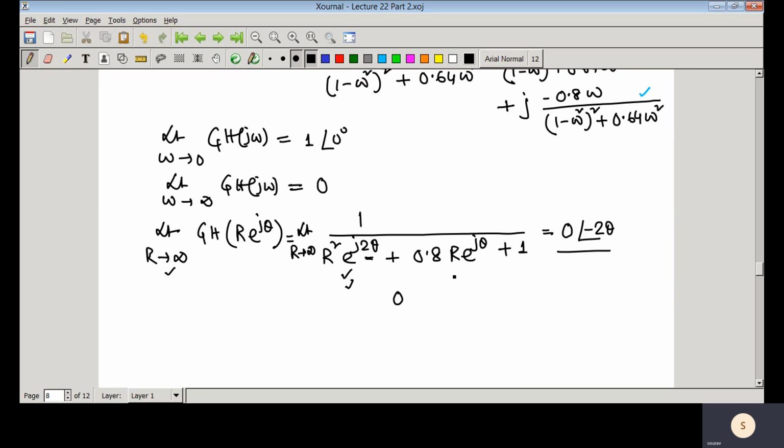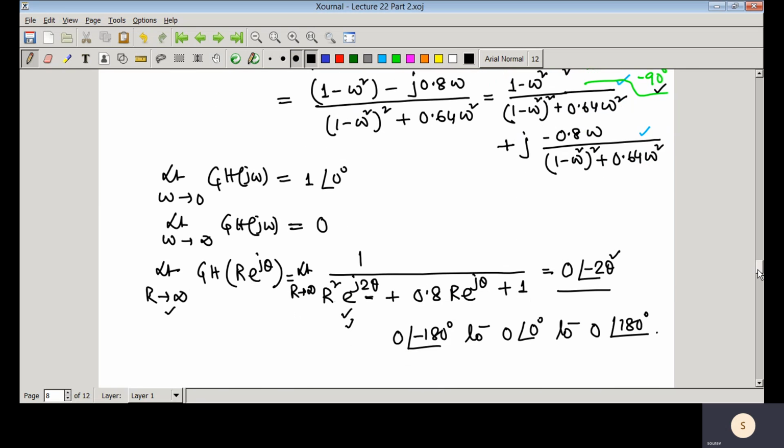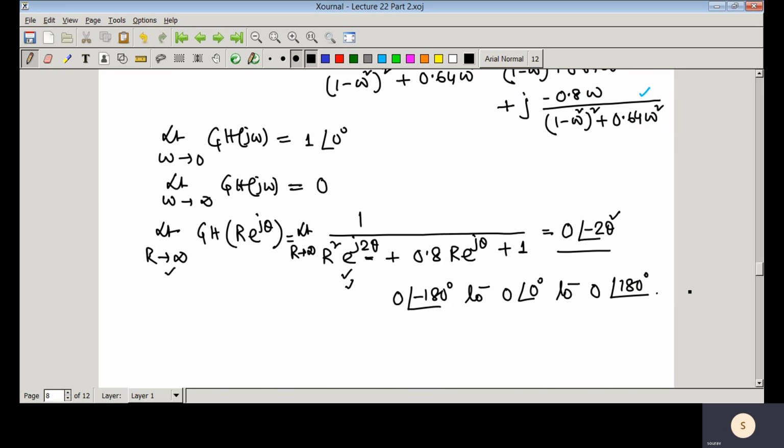Whenever theta equal to plus 90, that would be minus 180 degree; when theta equal to 0, that would be angle 0 degree; and whenever this is minus 90 degree, then it would be 180 degree. You may take some more intermediate points like plus 45 degree and minus 45 degree. If you take some intermediate points, then you would have more information, so there is less chance of getting a wrong mapping.